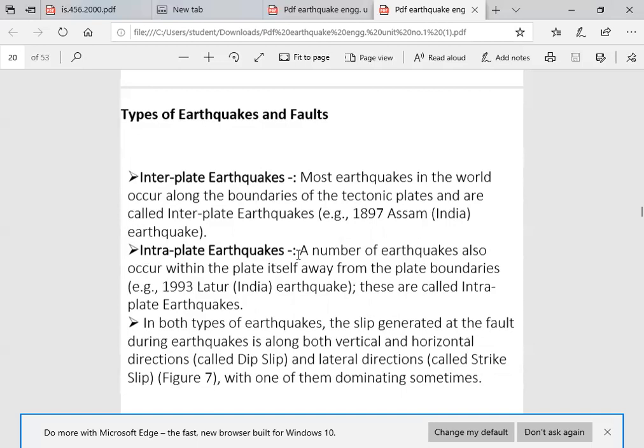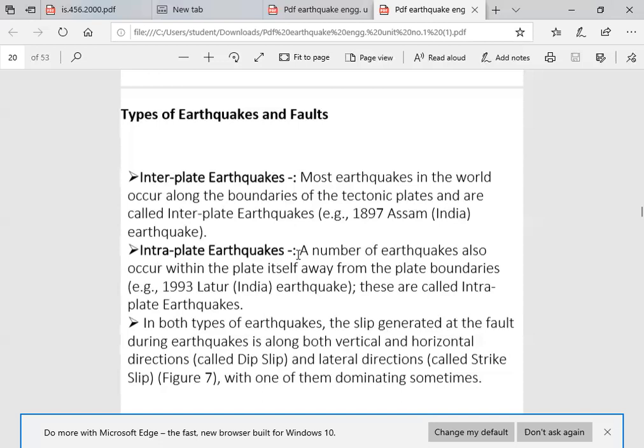Understand the difference between inter and intra. What is an interplate and what is an intraplate earthquake? Interplate earthquakes are the earthquakes which occur along the boundaries of the plates. You might think that inter is at the middle, at the center of the boundaries, but it is different.